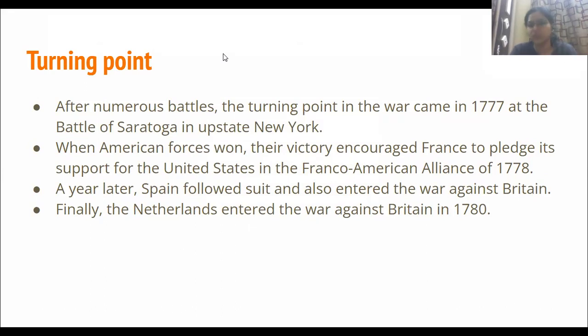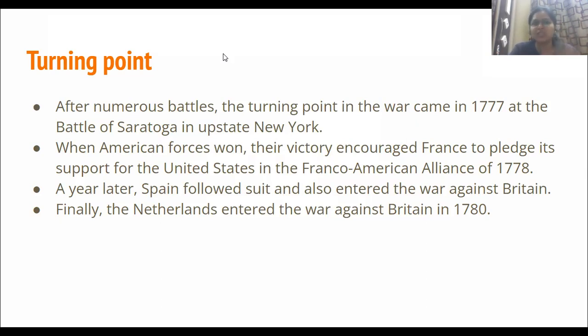So France was encouraged to pledge its support for the USA in the Franco-American alliance of 1778. The French and Americans became allies, friends of each other, and signed an alliance document in 1778. According to this alliance document, France decided to support the Americans in this war.